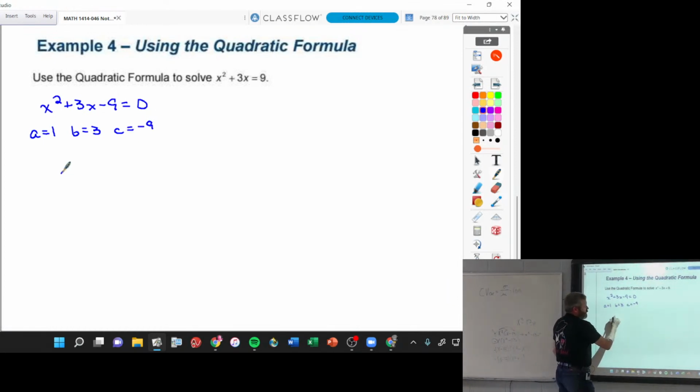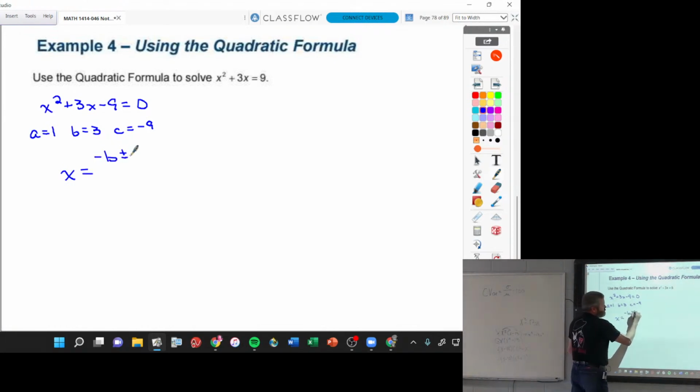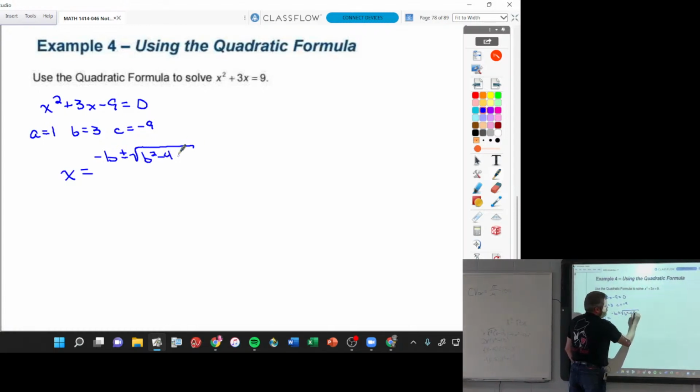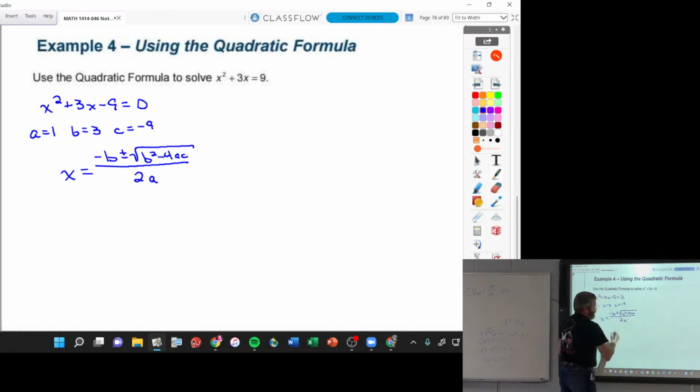Our quadratic formula tells us that the solutions to this is x equals negative b plus or minus the square root of b squared minus 4ac all divided by 2a.